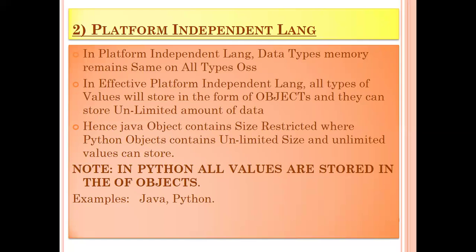Even in Java, everything is stored in the form of objects only, but we can store a limited amount of data in Java, whereas in Python, we can store an unlimited amount of data. Java objects contain a size restriction, whereas Python objects have unlimited size and unlimited values can be stored, and everything is stored in the form of objects.